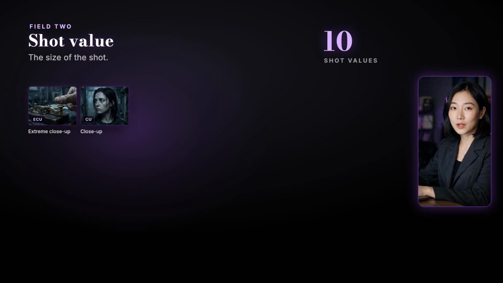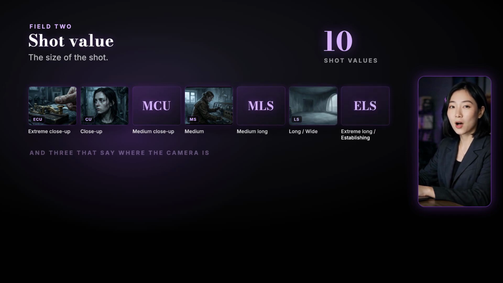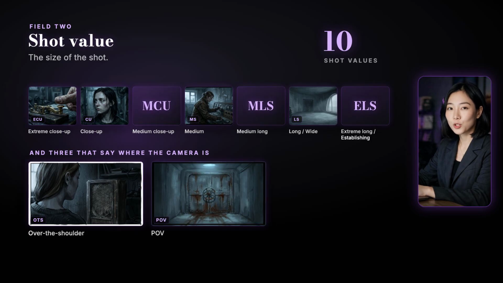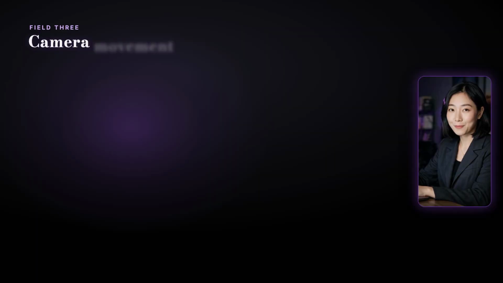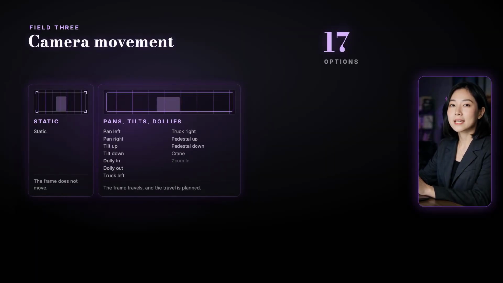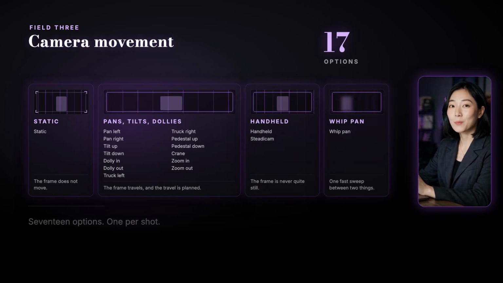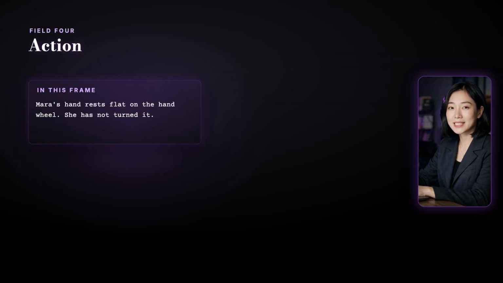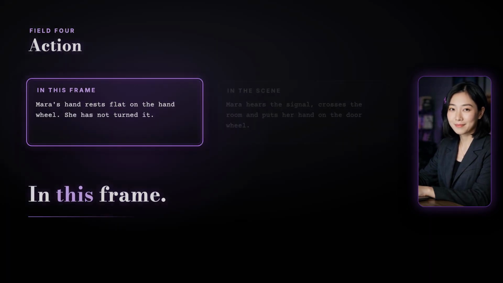Extreme close-up, medium close-up, medium long, long or wide, extreme long or establishing, over the shoulder, POV, and insert. Camera movement, 17 options, from static through the pans and tilts and dollies to handheld, Steadicam, and whip pan. And action, what actually happens in this frame, not what happens in the scene, in this frame.